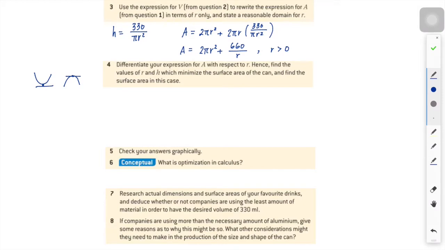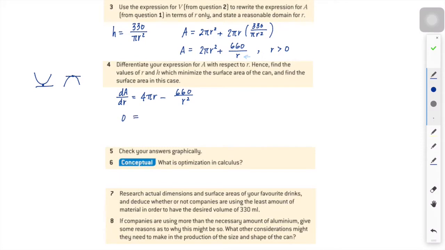Okay, so let's find the derivative of the last expression that we have. Differentiating A with respect to r, I get 4 pi r minus 660 over r squared. Then we set the derivative to 0 and try to solve for r.